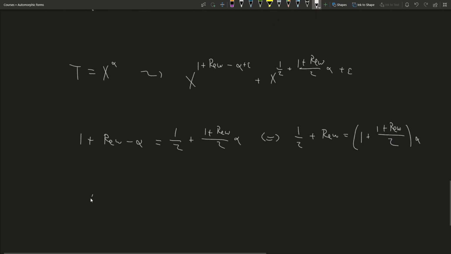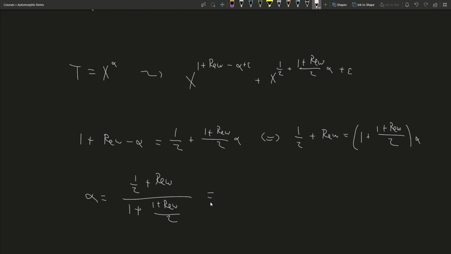So we should take alpha to be equal to 1/2 plus the real part of w over 1 plus the real part of w over 2.